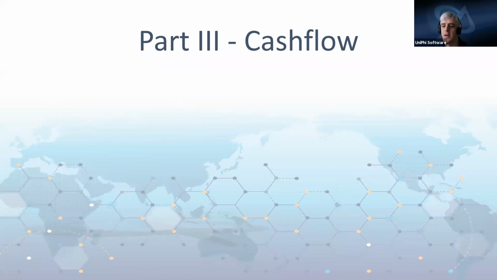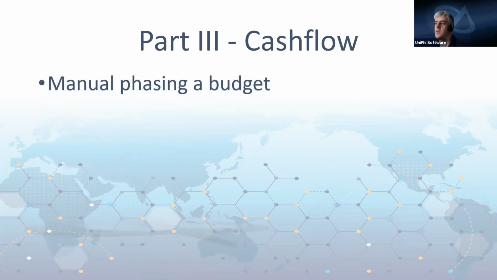And we're going to do it in a few different ways, because there's lots of ways to go about doing cash flows in Unify. And we're going to look at a bunch of the different methods that are available. So just to give you a bit of an overview of that, we're going to be doing some manual phasing, where you look at some dates and key in some numbers.